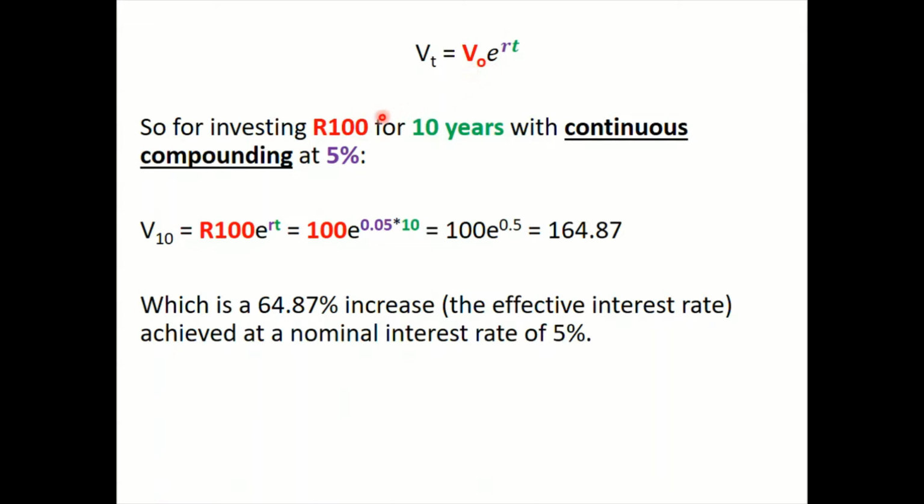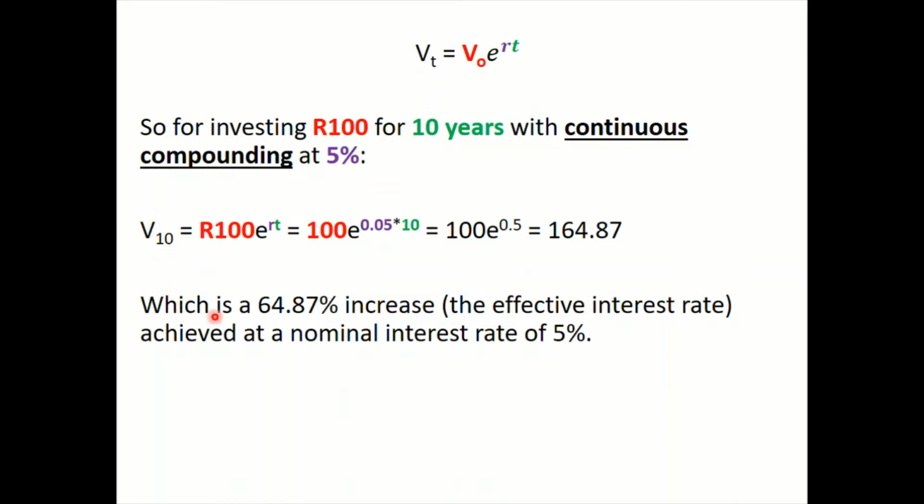So we'll end up with 100 times e to the power of 0.05, which is our 5% interest, times t, which is 10 years. And if we work all of that out, we will get a value of 164 Rand and 87 cents, which is the value of our investment after the 10 years that we are investing for.